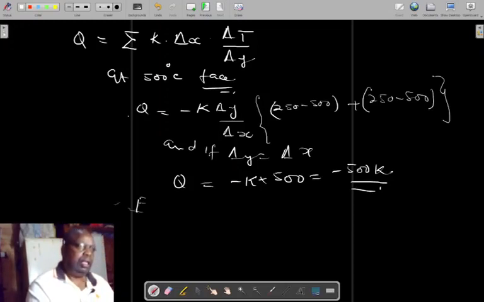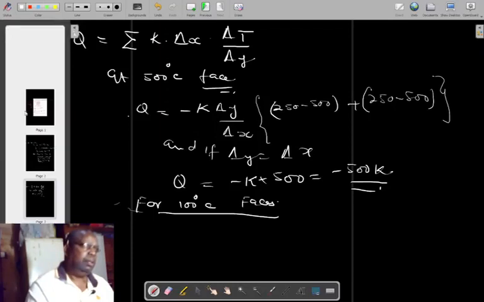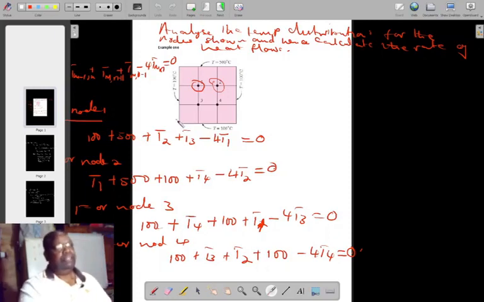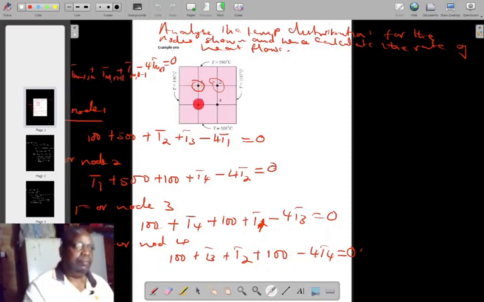So let us go to the 100 degrees C faces. Again, let us go to the diagram, and you can see we have that face, and that face, that are at 100 degrees C. So this face is in direct communication with node 1 and node 3.